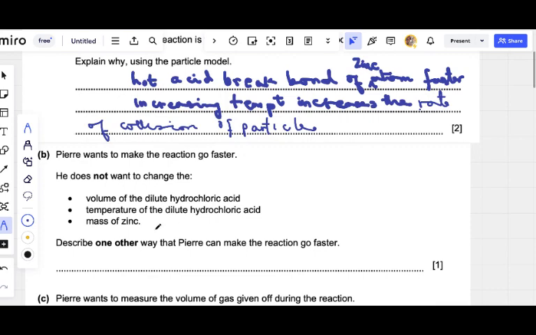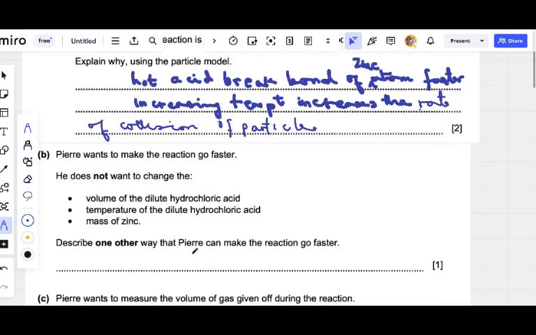He doesn't want to change the temperature of the acid, or increase it any further. And he does not want to change the mass of the zinc, meaning he doesn't want to reduce or increase the quantity of zinc. So describe one other way that Perry can make the reaction go faster.